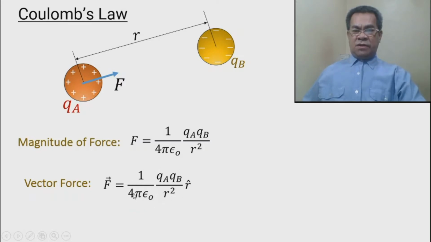This is the magnitude, remember, 1 over 4 pi permittivity, QA times QB over r squared. And it should be multiplied by r hat. r hat is the unit vector. Remember, a unit vector is a vector that has a magnitude of 1, and the purpose is to point in space. So therefore, r hat will point the direction of the force.